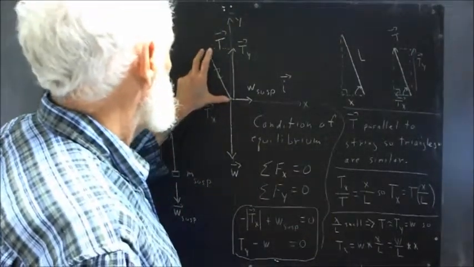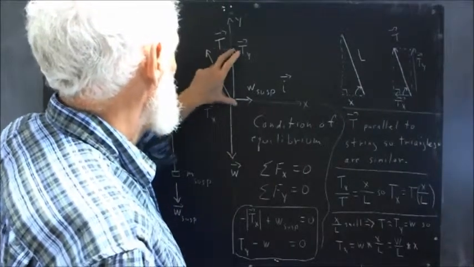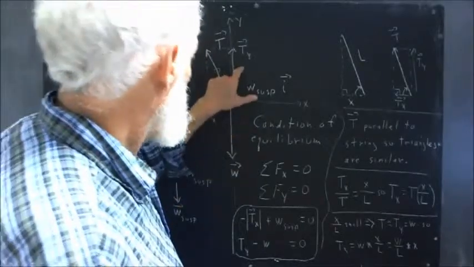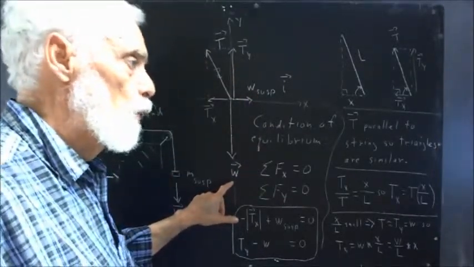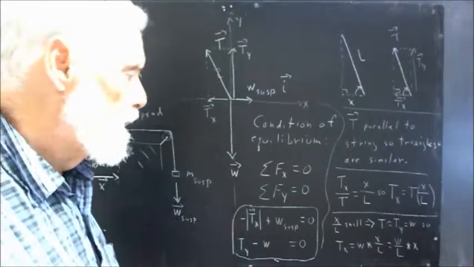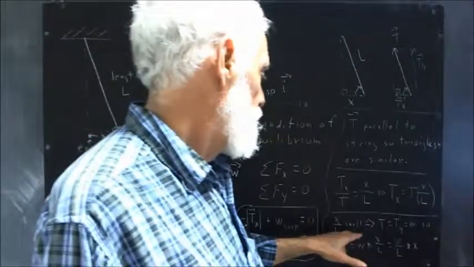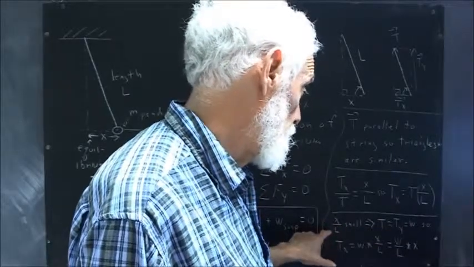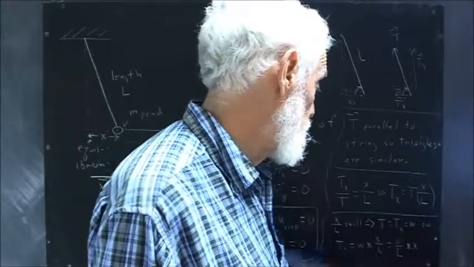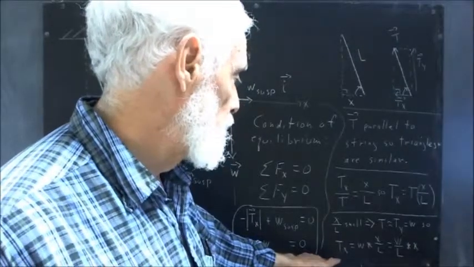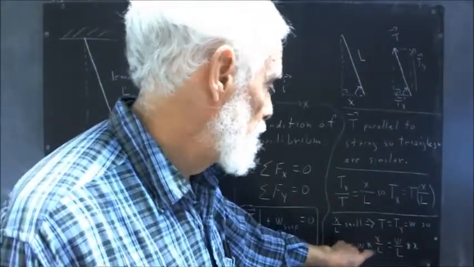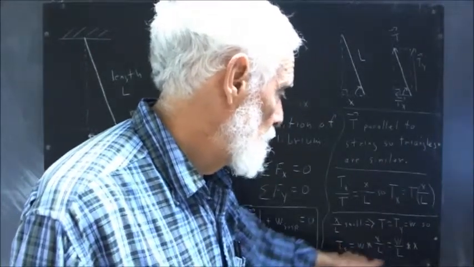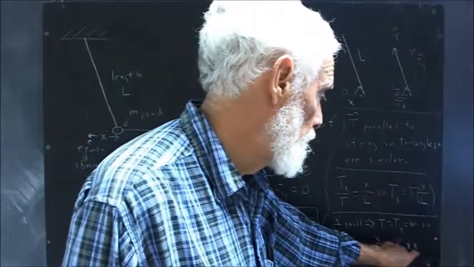Okay, so the closer the string is to vertical, the closer the y component of the tension is to the tension. And of course, the y component of the tension is equal to the weight of the pendulum. So we conclude that the tension is approximately equal to the y component if x over L is small, and the y component is equal to W, and from that it follows that the x component of the tension is W times x over L, just replacing the T here with the W, which can be written as W over L multiplied by x.